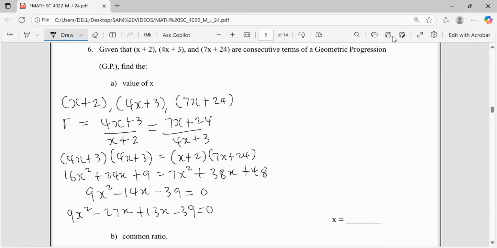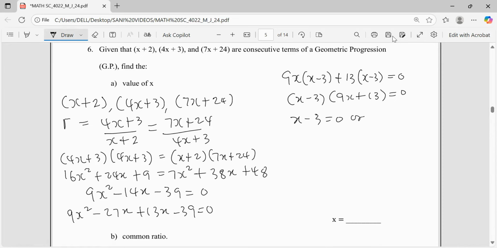So we factorize, we have 9x bracket x minus 3 plus 13 bracket x minus 3 equals 0. So x minus 3 and 9x plus 13 equals 0. So therefore, x minus 3 equals 0, or 9x plus 13 equals 0. So our answer is x equals minus 13 over 9, or 3.